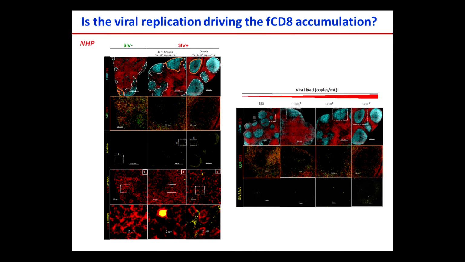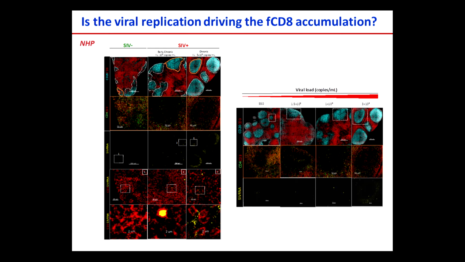You can find a pattern like this where you see a cell where the whole cytoplasm is just full of SIV RNA. So that's almost certainly a productively infected cell. But you also can find patterns like this where you just get these little dots of SIV RNA. And this is almost certainly RNA that's floating around and maybe binding to the surface of the cell or is on the follicular dendritic cell network.